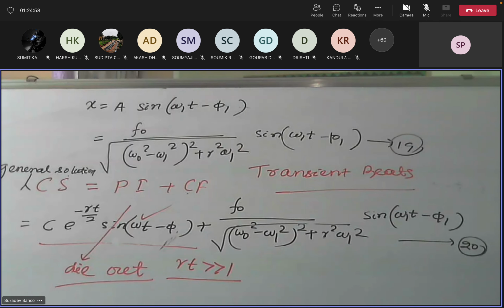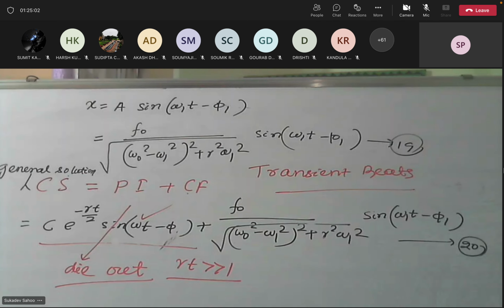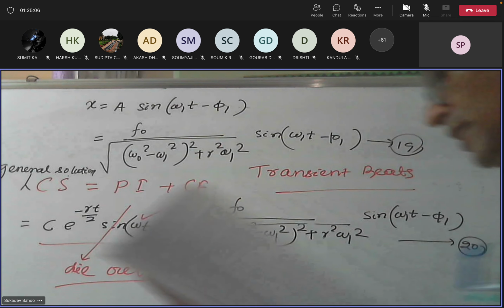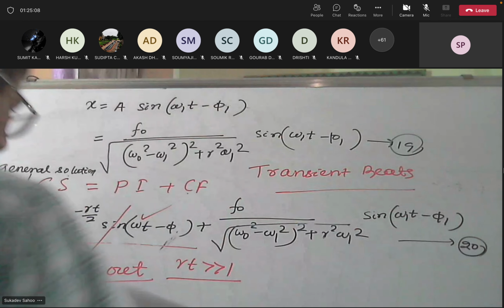Then the phase, already we have discussed, tan phi 1 equals gamma omega 1 divided by the square root of omega 0 square minus omega 1 square.